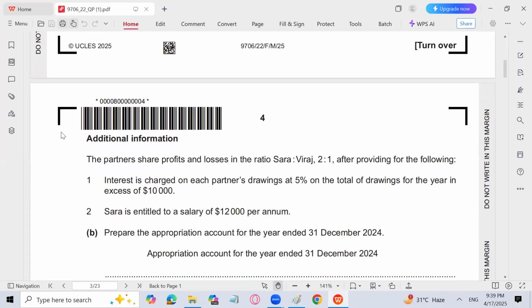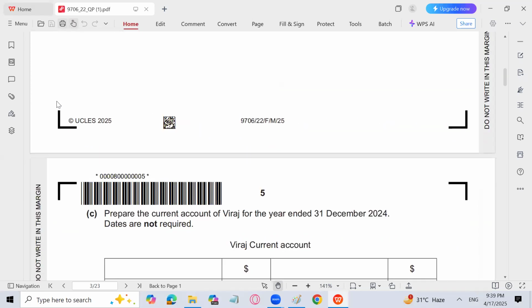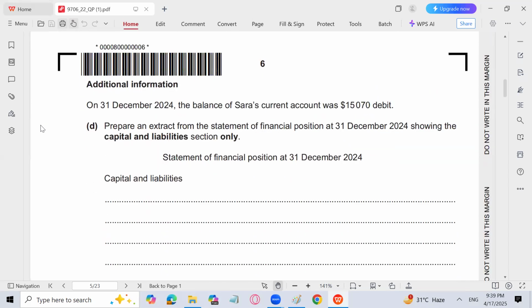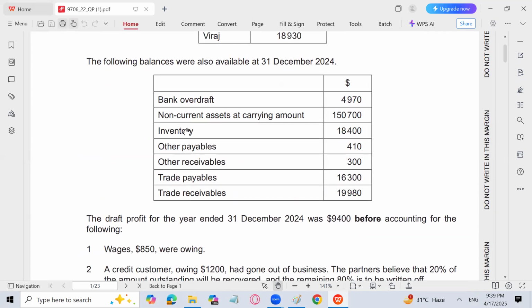You can see it over here, because we have to prepare the balance sheet, the capital and liability section, on 31st December 2024. At the end of the year, the balance of Sarah's current account is 15,070 debit.